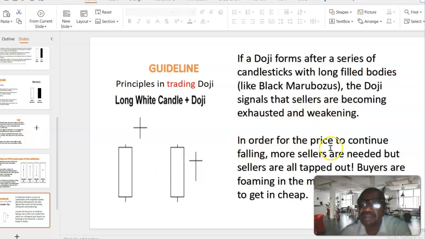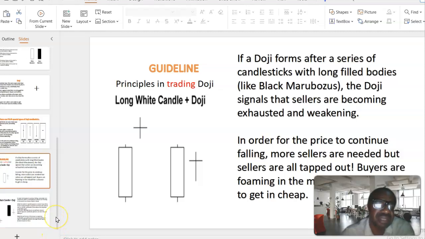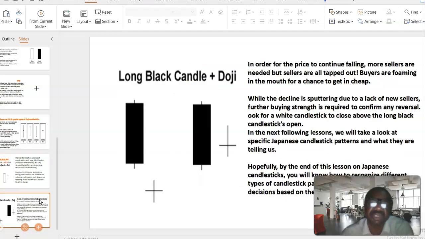In order for price to continue falling, more sellers are needed, but sellers are all tapped out. Buyers are foaming at the mouth for a chance to get in cheap. That gives us an idea of how to use a doji in trading.